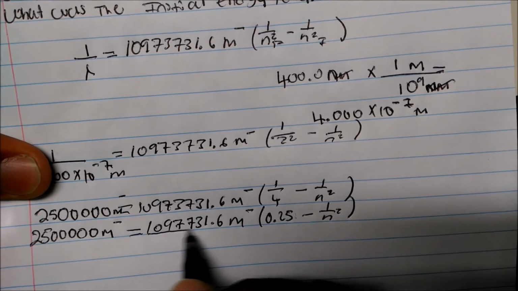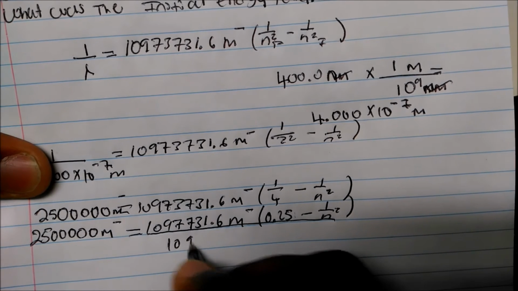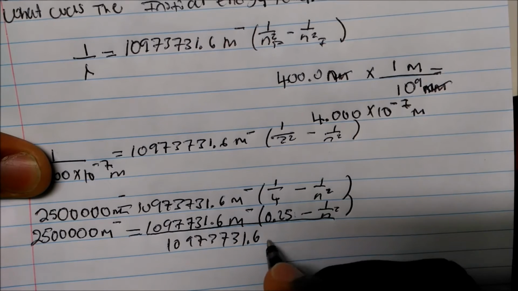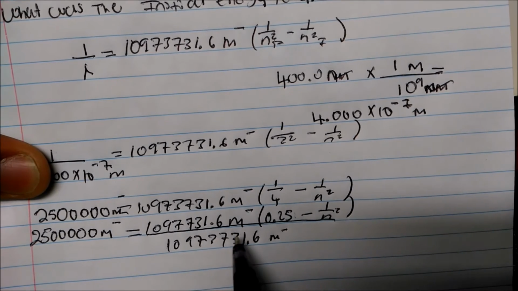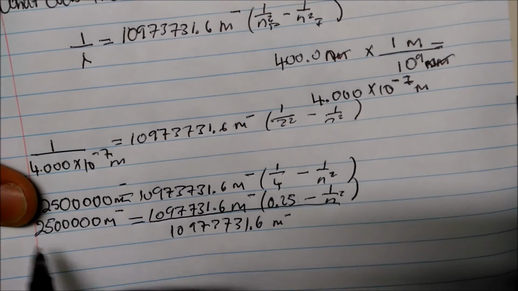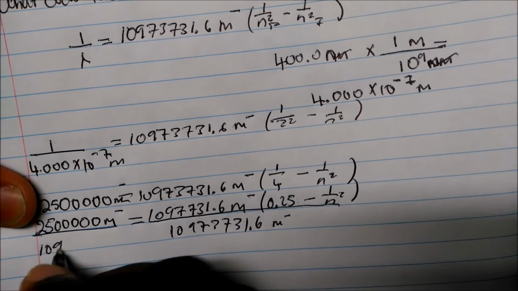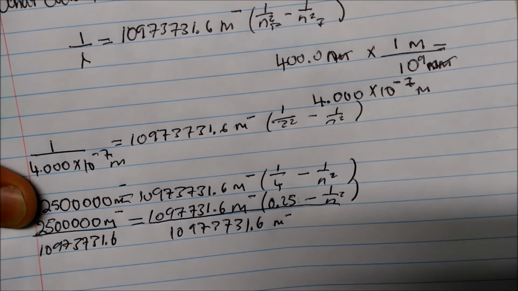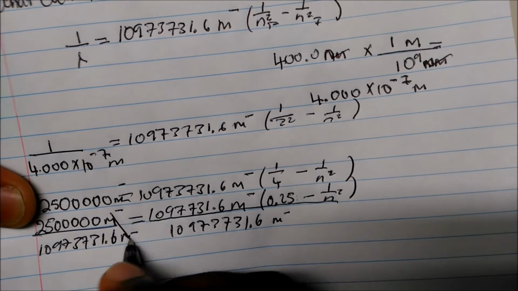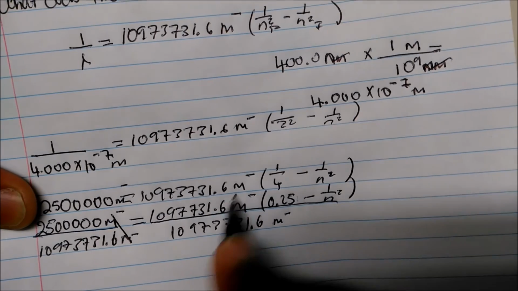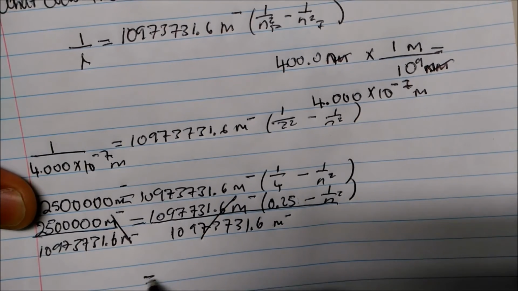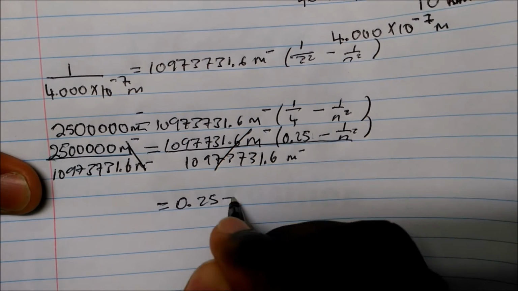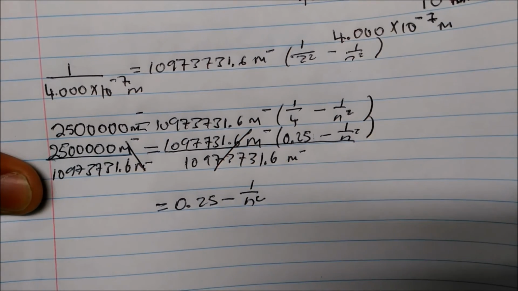So we divide this whole thing by 10,973,731.6 meters inverse, and whatever we do to one side, we have to do to both sides. Meters inverse cancels out, so we are left with 0.25 minus 1 over n squared.